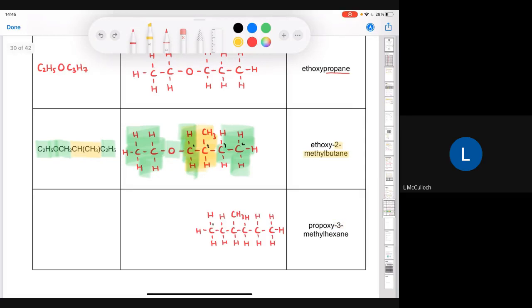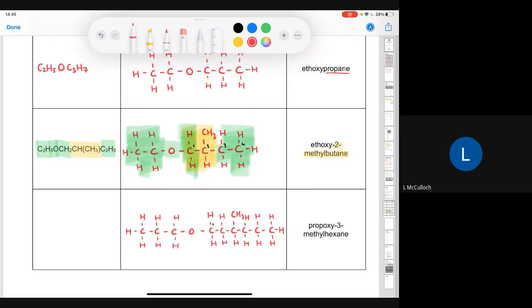The number would need to come before the alkoxy part, and we will have a look at a few examples of those on the next page. So I'm going to erase one of my hydrogens there to make space for that prop-oxy. So this time I've got 3 carbons from that oxygen there.